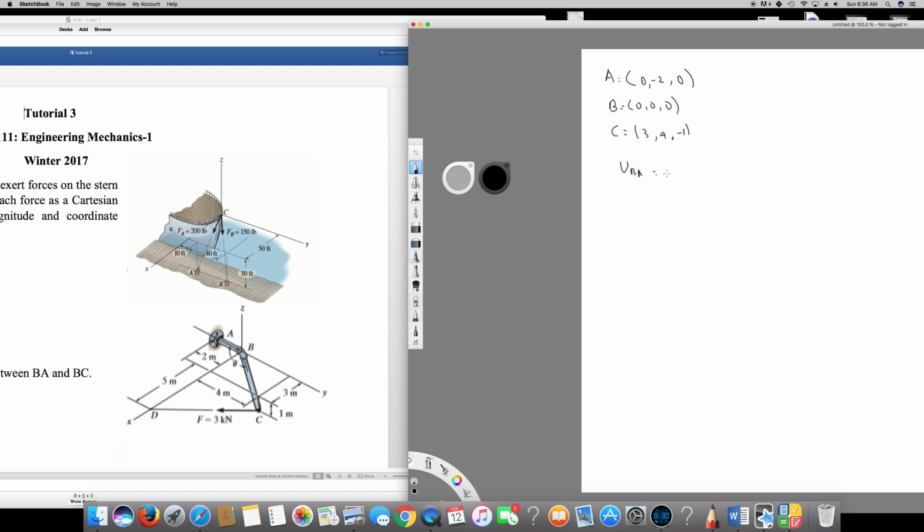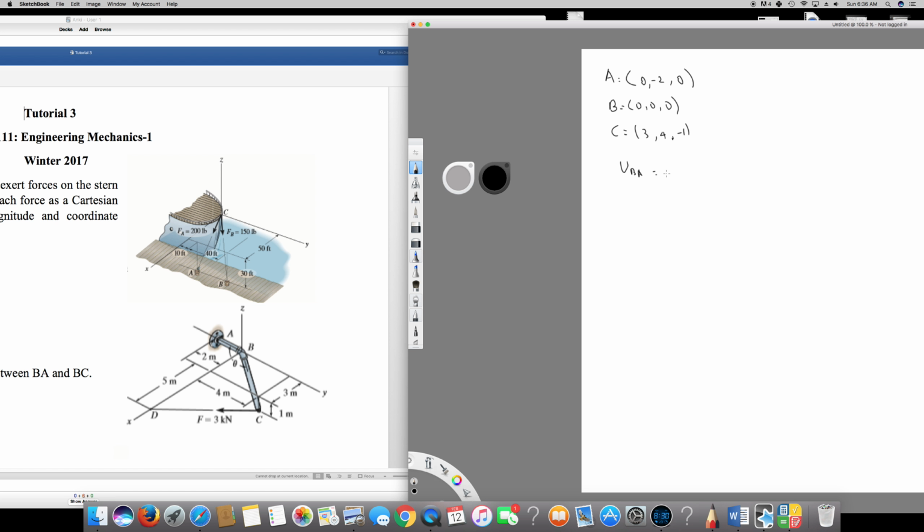So in order to do that, I have to dot it first. So if I dot UBA and UBC, it's going to give me a negative value, because since j is negative, it's going to multiply this one by negative, and it's only a dot with the j product.